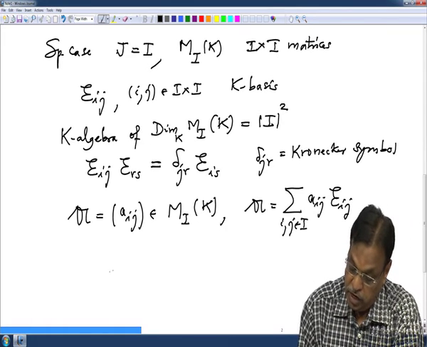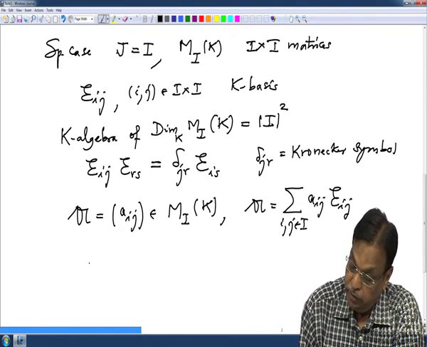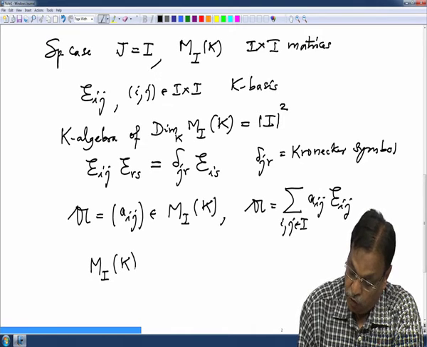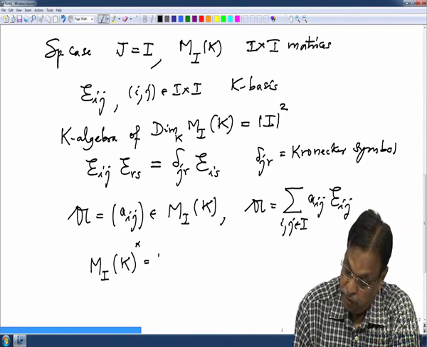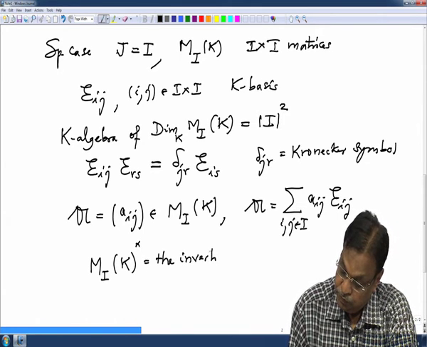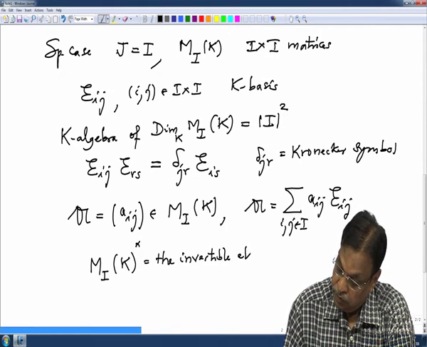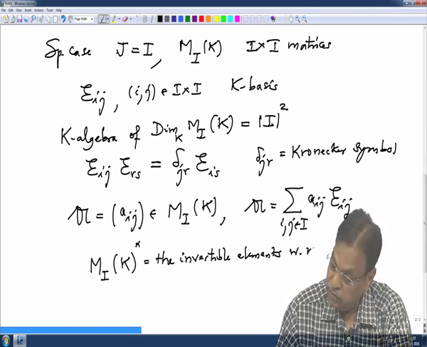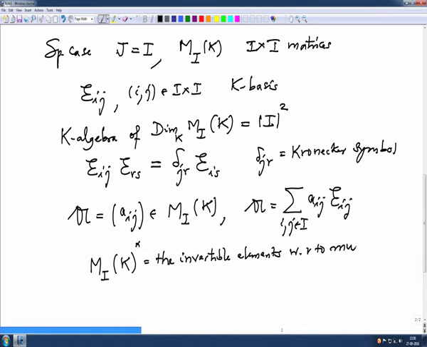And we have also seen last time the invertible elements in this. So M_I(K)^x, these are the invertible elements with respect to multiplication. And this set we precisely denoted by GL_I(K).